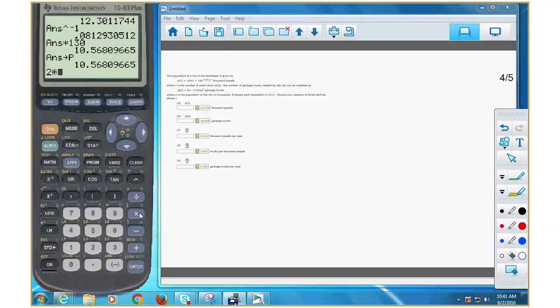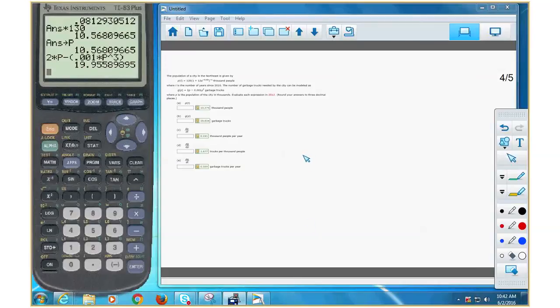All right, now we're going to take 2 times alpha P minus parentheses 0.001 times alpha P to the third power, and close and multiply.